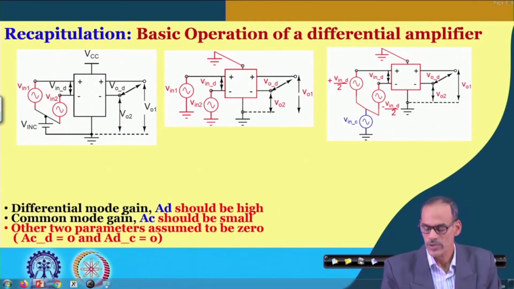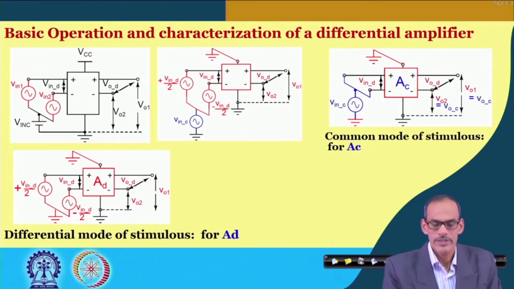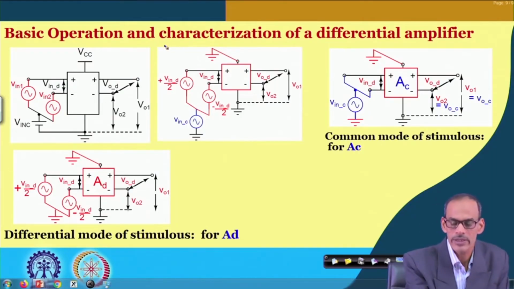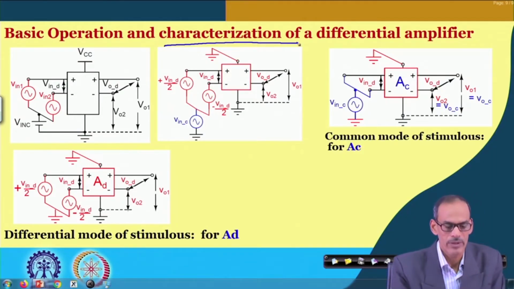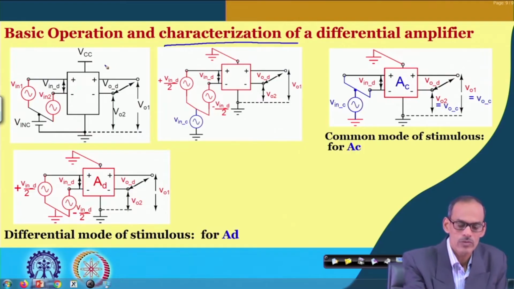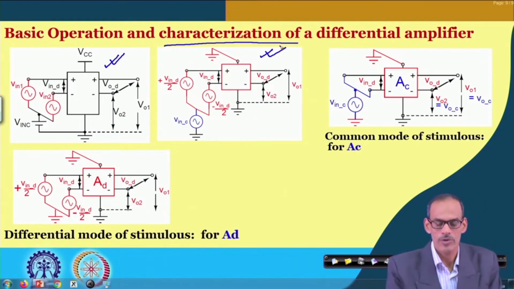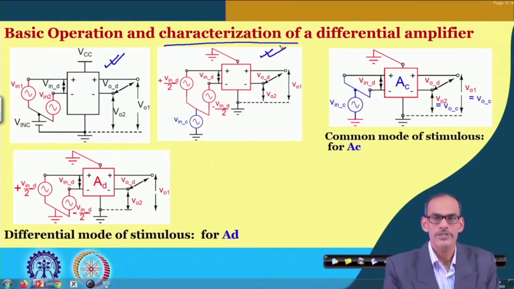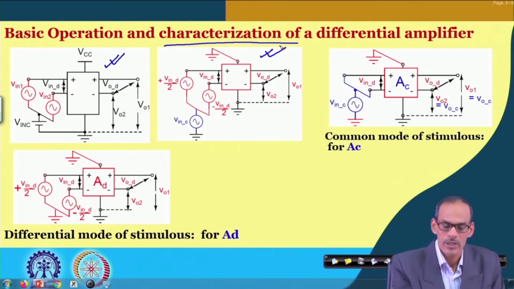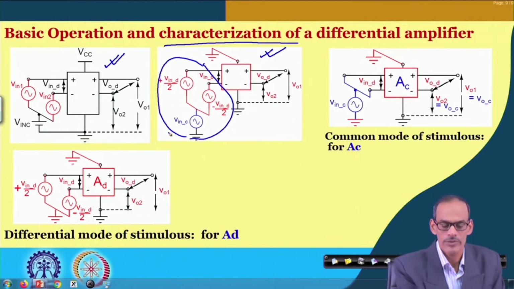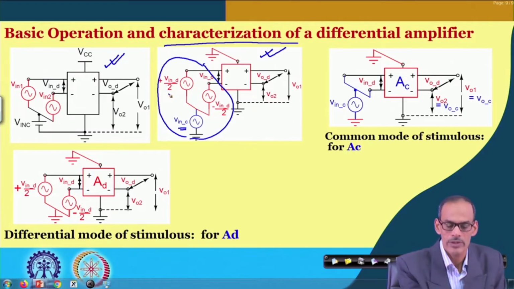In the next slide we are going to discuss that. So, the basic operation and most important thing is the characterization of a differential amplifier. This is what we have discussed, and this is the corresponding small signal equivalent circuit and its stimulus, which has a combination of the common mode part and the differential part.